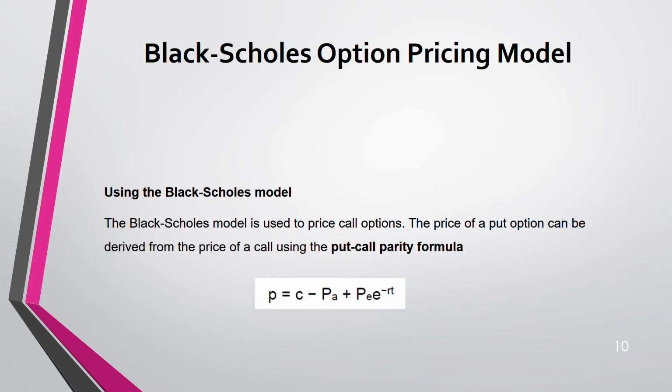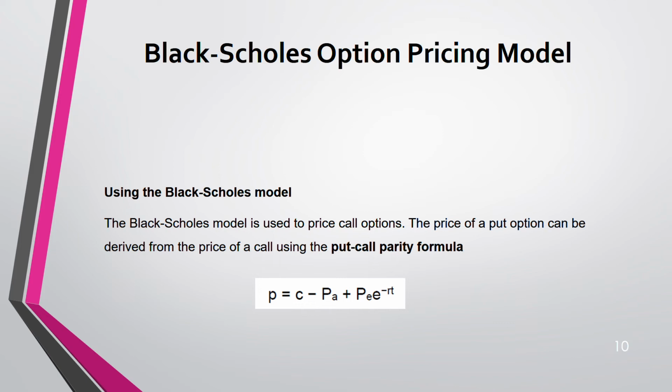Now, the hardest thing in your exam: if you are given an option, there are 4 types of real options, by the way. Out of these 4, you will be given one, and you have to know whether it's a call or a put option. The examiner will not tell you it's a call option or a put option. They will tell you it's an option to delay, option to expand, option to abandon, option to switch. They will only tell you that.